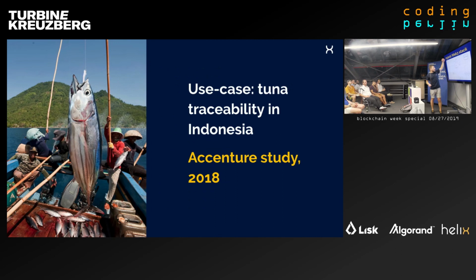Okay, so now we come to a real use case, which was actually studied by Accenture in 2018 to 2019. The problem is that we all know about overfishing, and tuna is consumed like crazy, and fish die out.